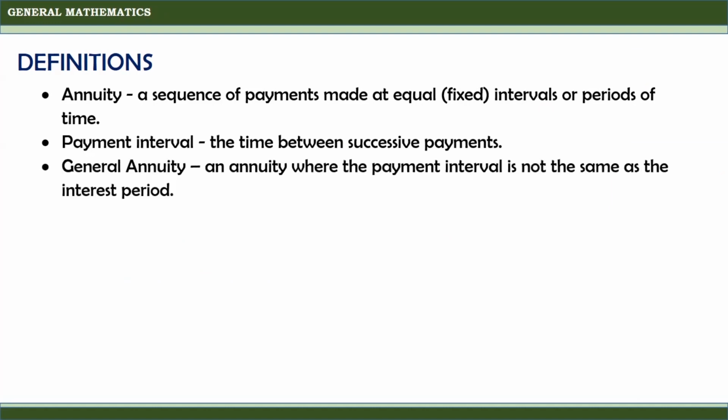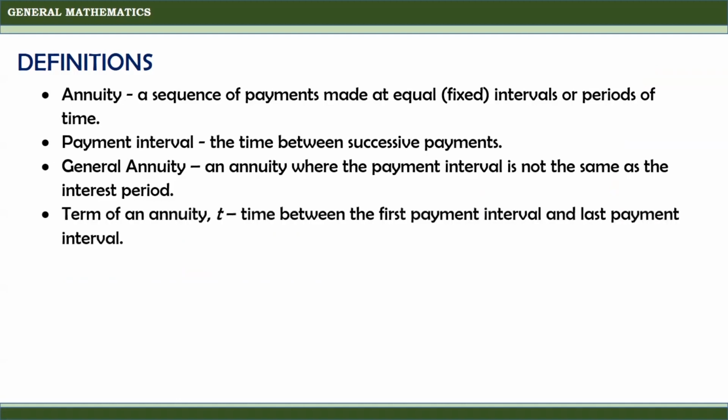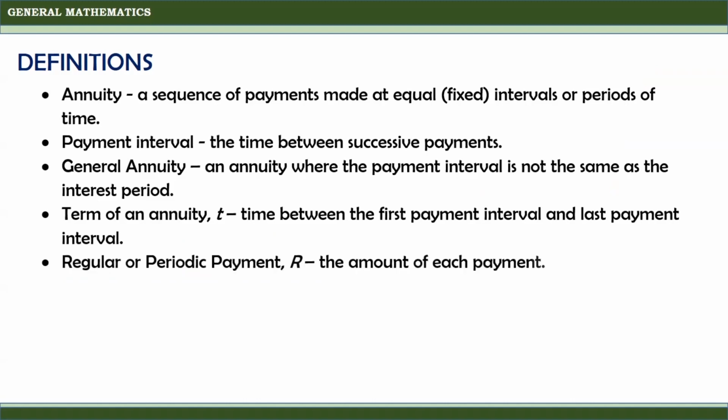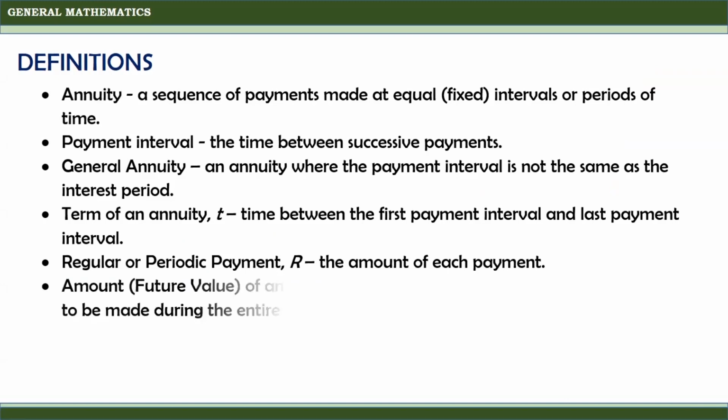General annuity is an annuity where the payment interval is not the same as the interest period. Term of an annuity, represented by T, is the time between the first payment interval and the last payment interval. Regular or periodic payment, represented by R, is the amount of each payment.